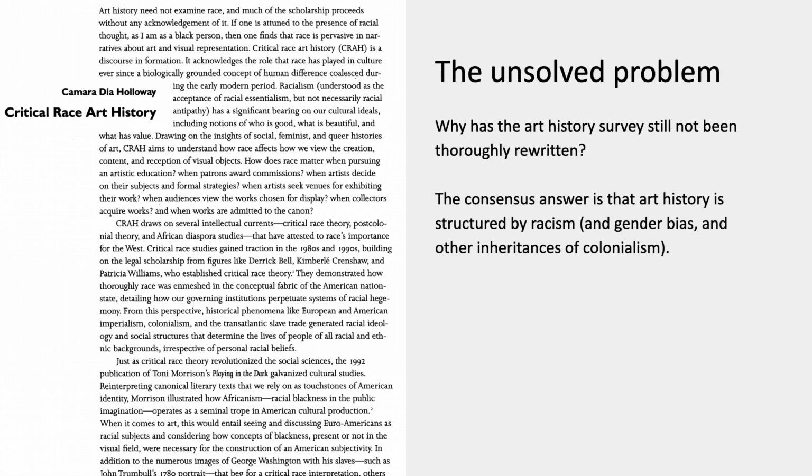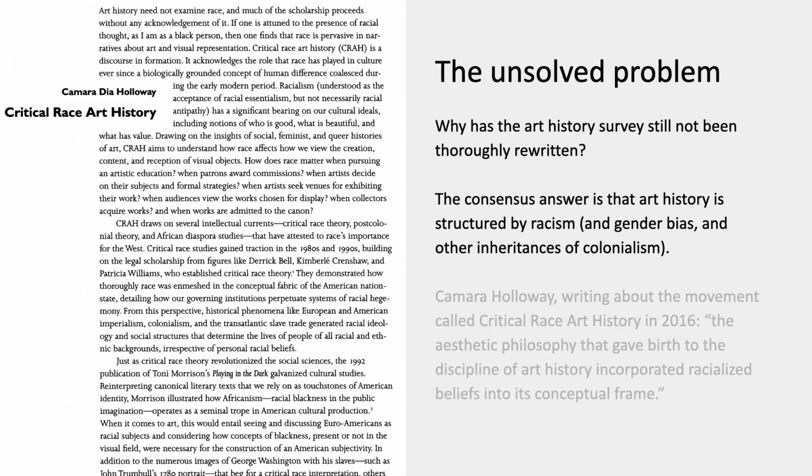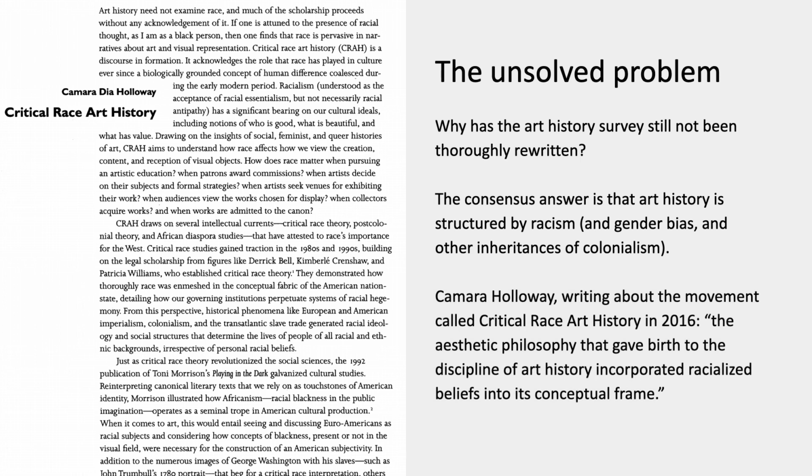The consensus answer is that art history is structured by racism and gender bias and other inheritances of colonialism. That's the standard answer. Kymara Holloway, who's writing about the movement called Critical Race Art History in 2016, says, quote, "The aesthetic philosophy that gave birth to the discipline of art history incorporated racialized beliefs into its conceptual frame."